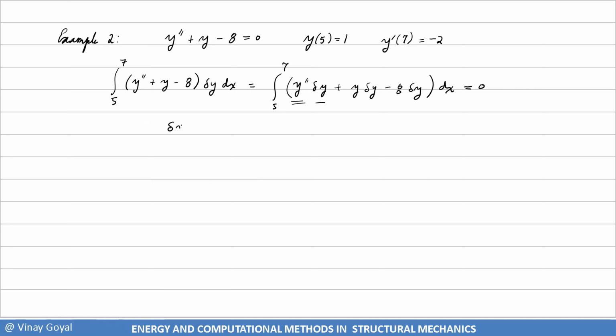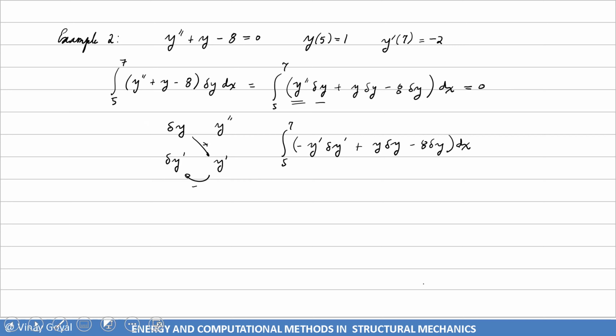So first step, del y double prime, del y prime. I'm going in reverse, so that's why everything looks weird now. So 5 to 7 minus y prime del y prime plus y del y minus 8 del y dx, and then I have the boundary terms plus y prime del y at x equals 7 minus y prime del y at x equals 5. And this is equal to 0.